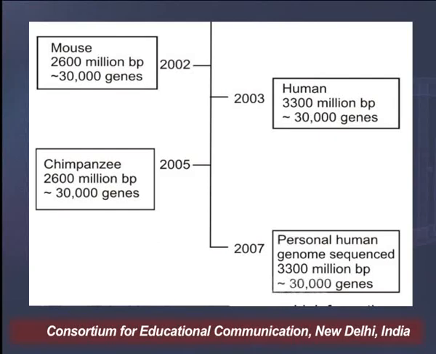Another thing which happened in 2007 was that a personal human genome could also be sequenced. What do you mean by a personal human genome? The first human genome was sequenced, and then the personal human genome was of James Watson, the famous molecular biologist known for the Watson and Crick model.